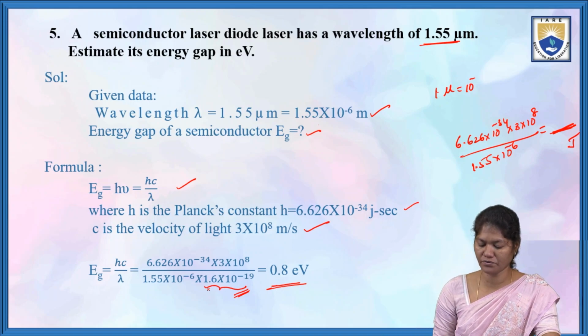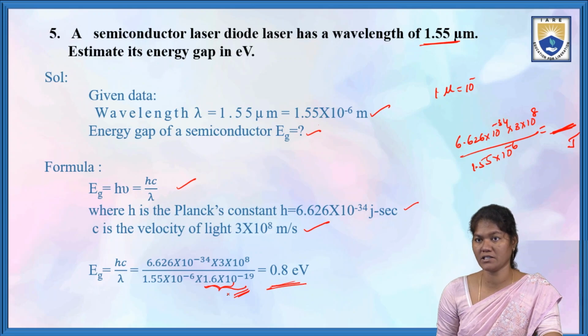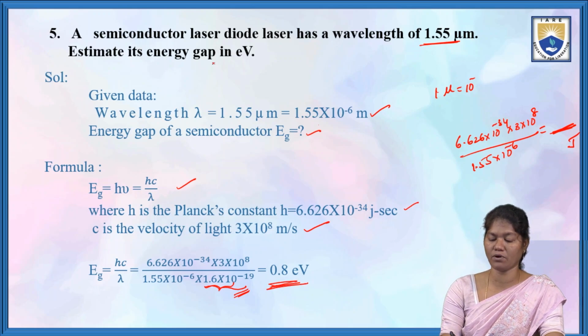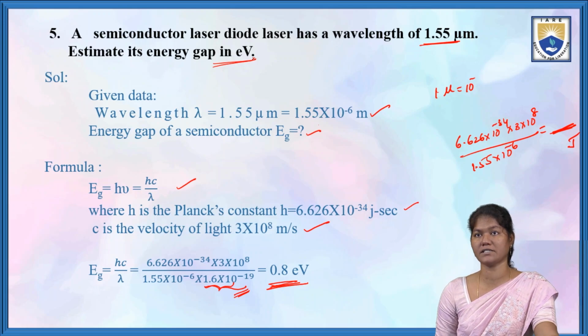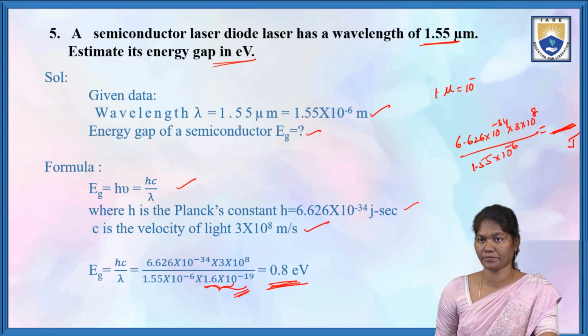But when we divide by 1.6 into 10 power minus 19, it is converted into electron volts. As the problem asks us to estimate the energy gap in electron volts, we divide by 1.6 into 10 power minus 19 to get electron volts.